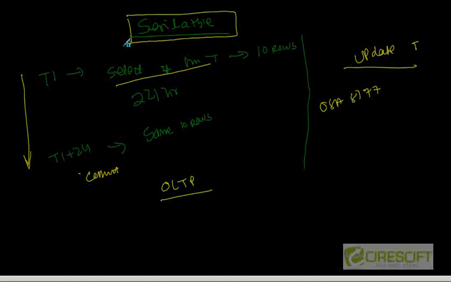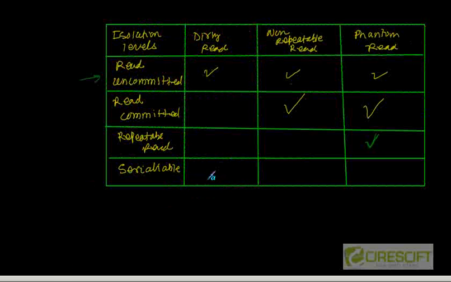But serializable is always going to give you a consistent result, no matter what. Therefore, serializable does not support any of these. I don't want to check anything here because it's not going to support dirty read, non-repeatable read, or phantom read.